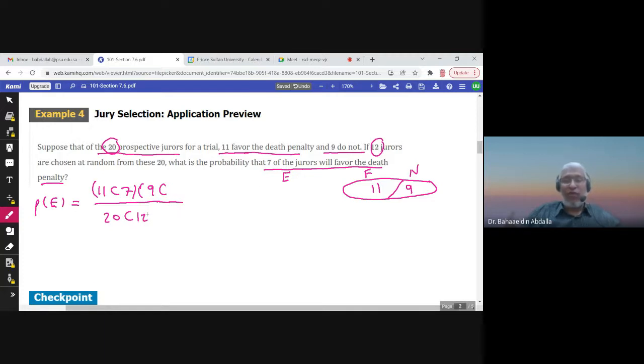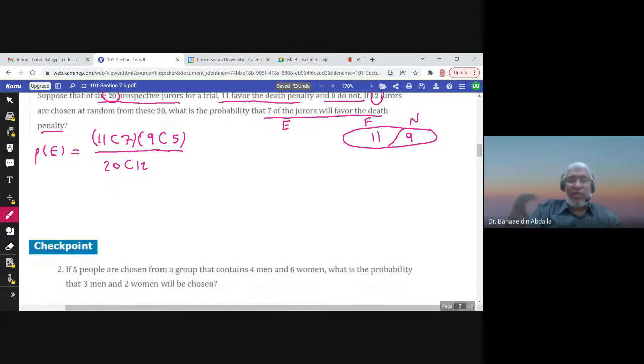We need to choose 12 in total, 7 favor, so 5 will not favor the death penalty. So this would be the probability of this event E. We studied the number of ways of such experiments in the previous section, section 7.5. So please refer to that section before coming here.